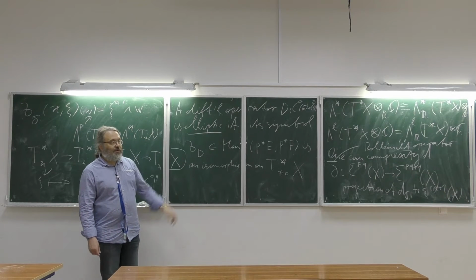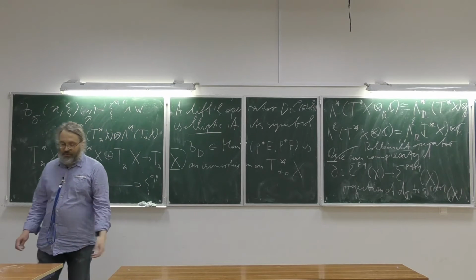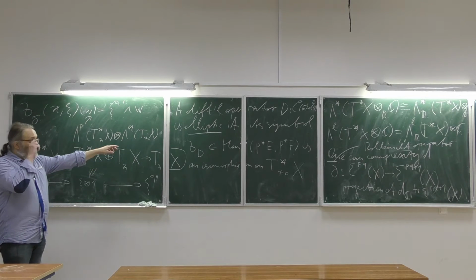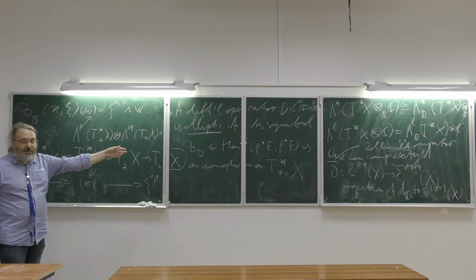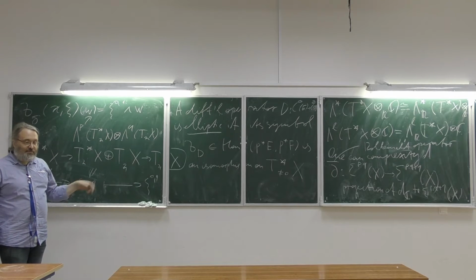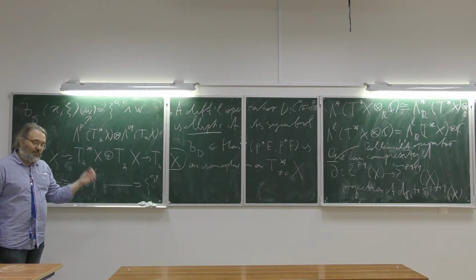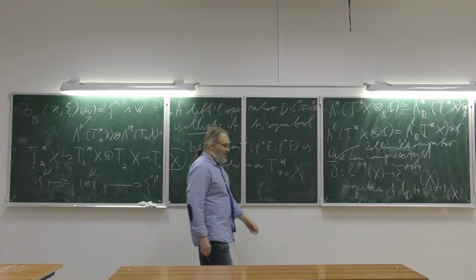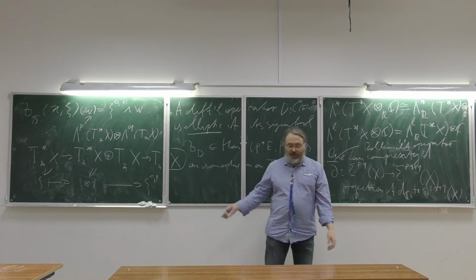The same is true for the Dolbeau operator. It's not very hard to construct an elliptic one starting from it, and we'll see it in either next time or the one after it.